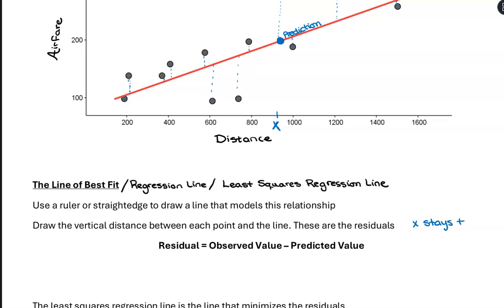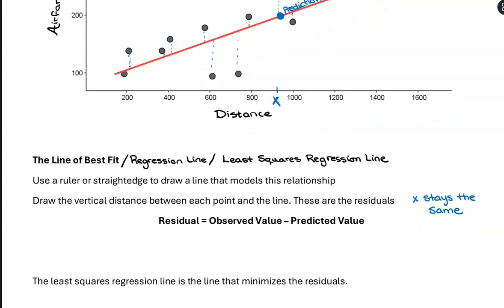We're at the same x value for both of them. It's the y values that are changing. The outputs are where we're looking for the difference. So for the observed value, that comes from our data, so make sure you look to the data to grab that value for y. And then the predicted value, y hat, is coming from the equation of the line. So with that, we might have a little calculation to do.